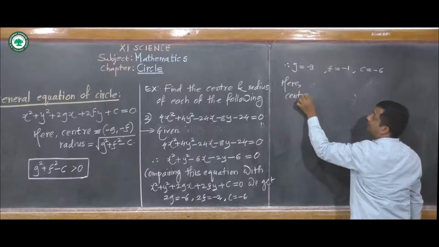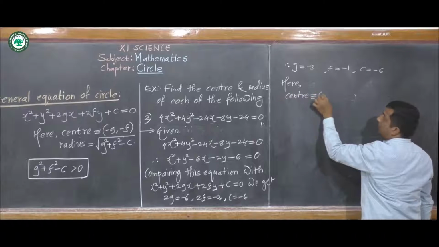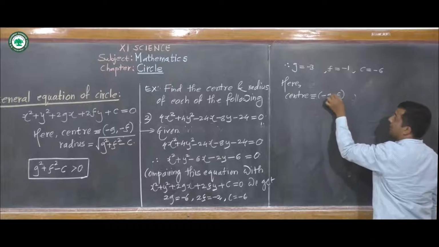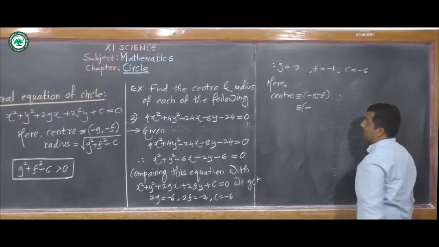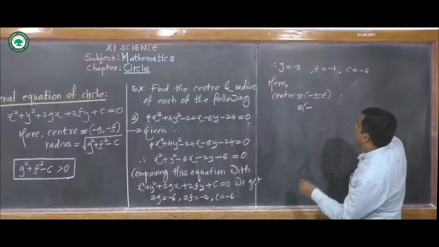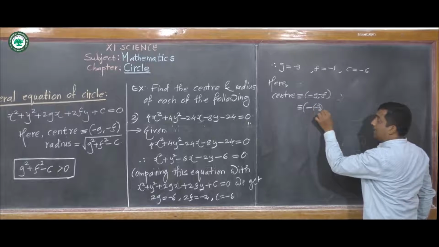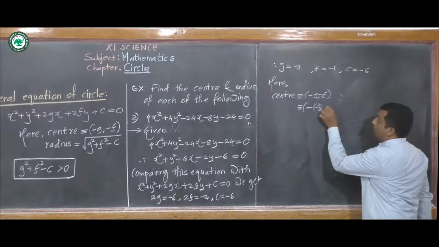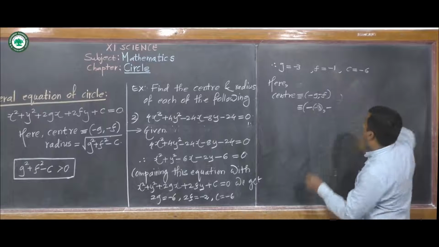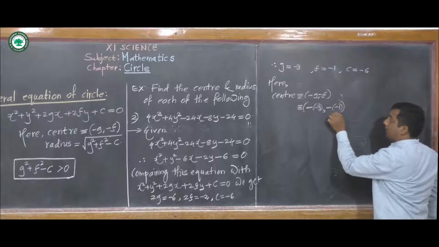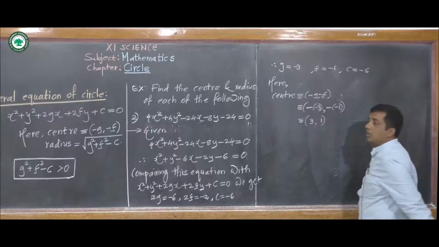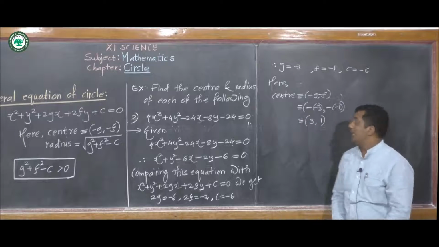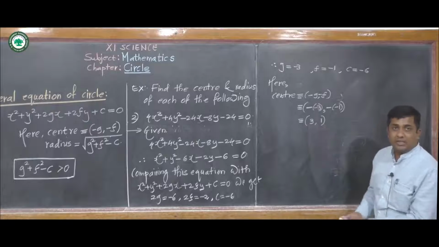Center is equal to minus g, minus f. With minus sign, g is minus 3, so minus of minus 3. Then with minus sign, f is minus 1. This is equivalent to 3, 1. So the center of the given circle is the ordered pair 3, 1.